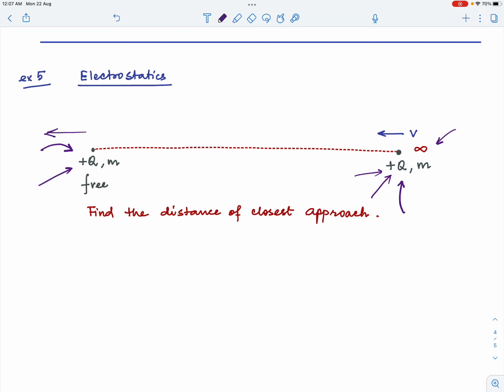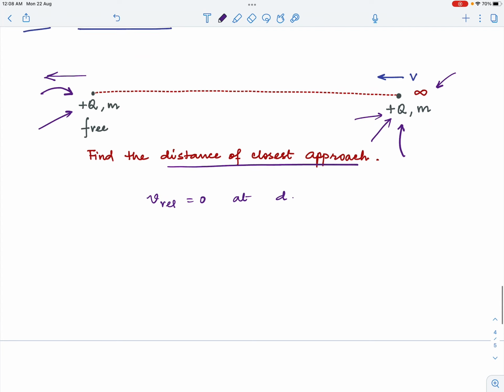And the moment they are at the closest distance from each other, both the charges will be at the same speed. They are both moving with the same velocity in the same direction. So, their V relative will be 0 at the distance of closest approach, which we can call d, let us say.